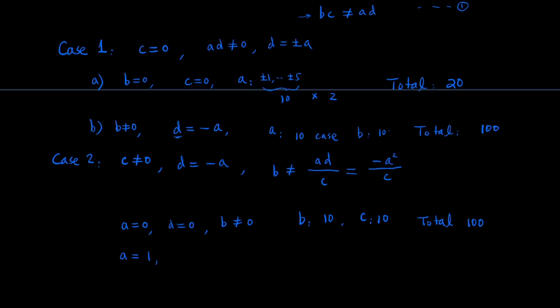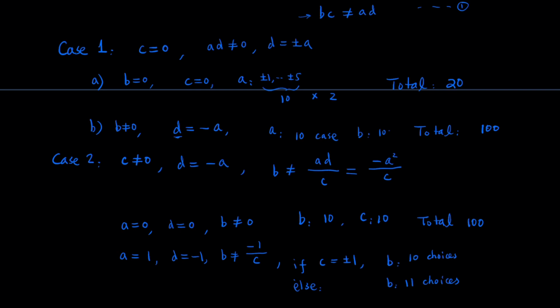Okay. So what if A equal 1? You notice that when A equal to 1, D is given, right? And then B here cannot equal to 1 squared over C. So if C equal to 1 or negative 1, B cannot take this value here. So which means B has 10 choices, else B has 11 choices.